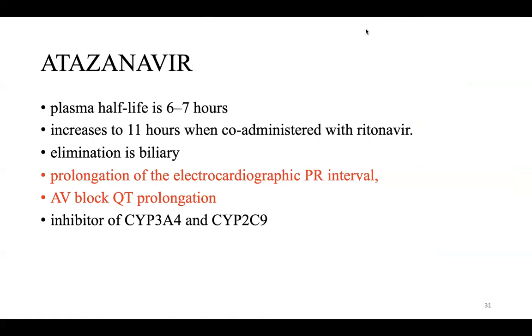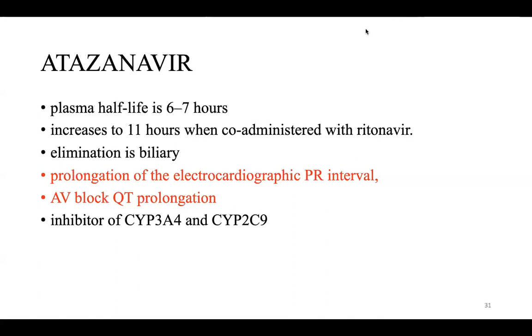Atazanavir is a peptide PI with a pharmacokinetic profile that allows once daily dosing. It should be taken with a light meal to enhance bioavailability.